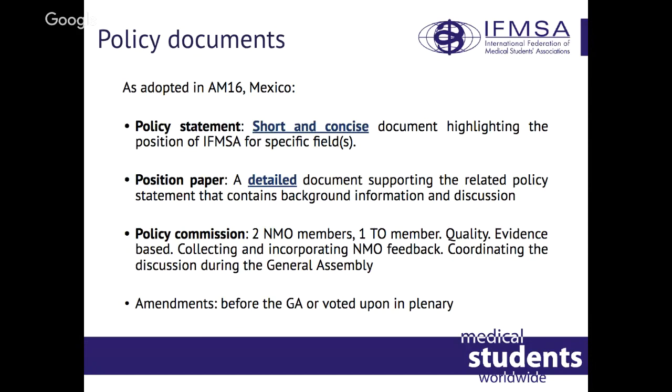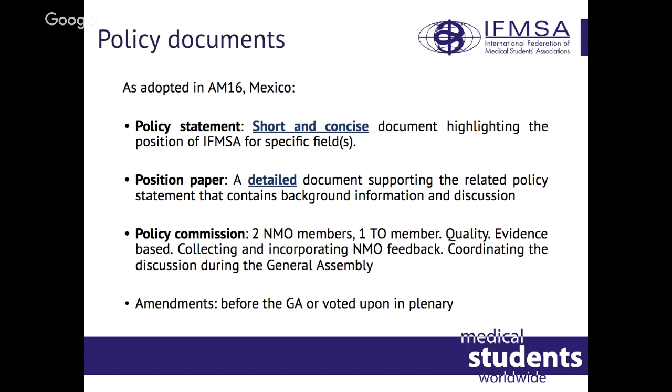Then, to write the policy documents, there is a call sent by two parties. The first is the IFMSA TO. They select the topics that we are going to work on for the policy documents. This call is sent about 2 to 3 months before the August or March meeting.